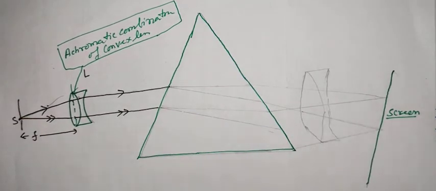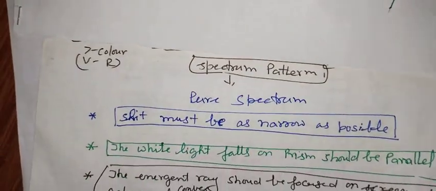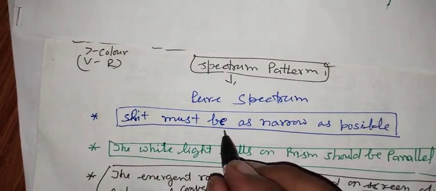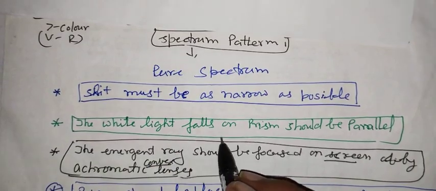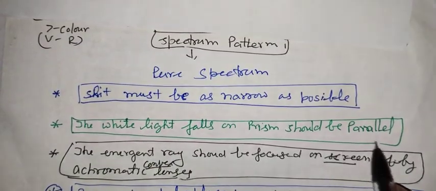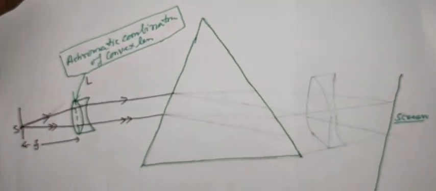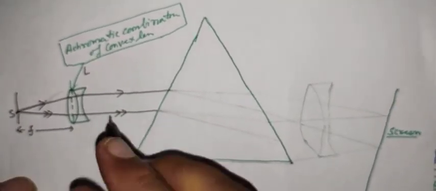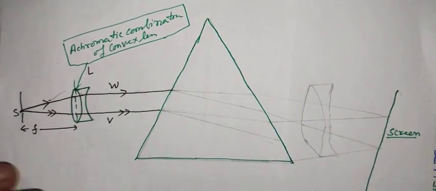So we have completed two conditions. What is the first one? The slit must be as narrow as possible, and the white light falling on the prism should be parallel. The two conditions are fulfilled here. The white light becomes parallel.